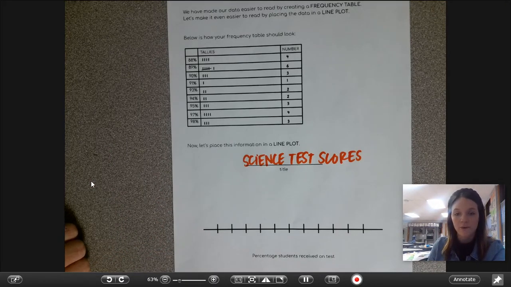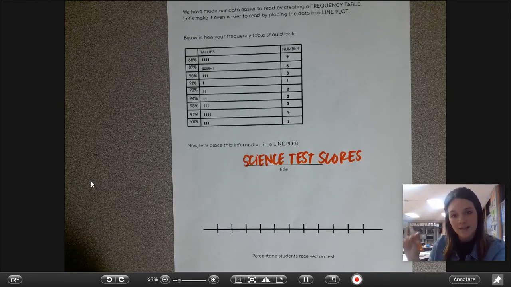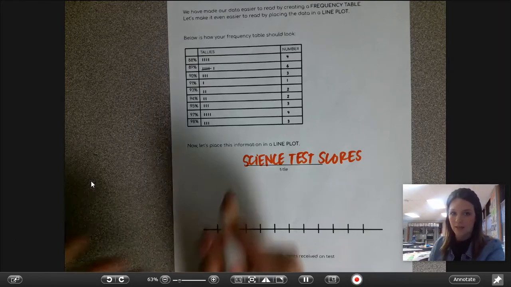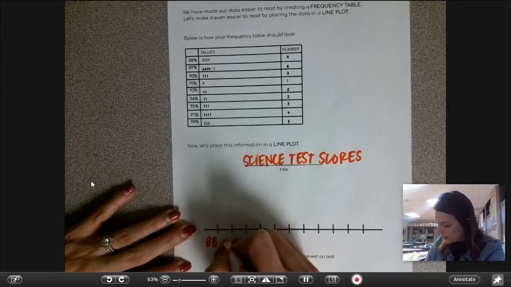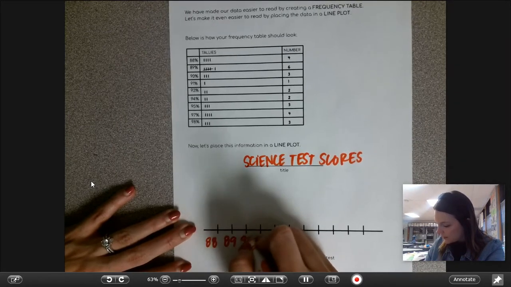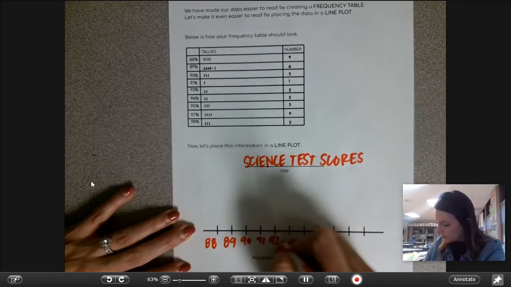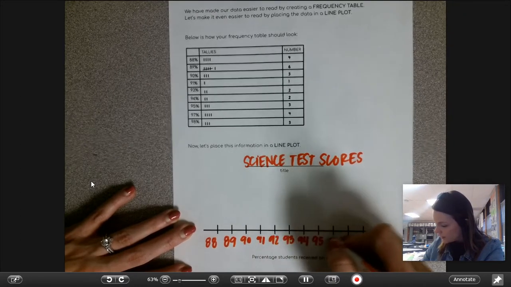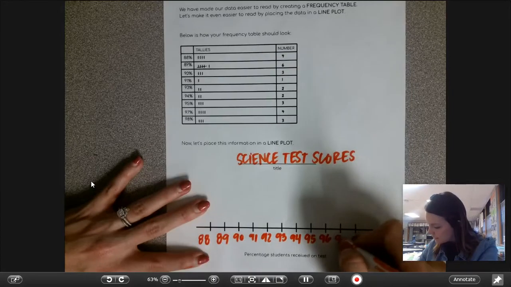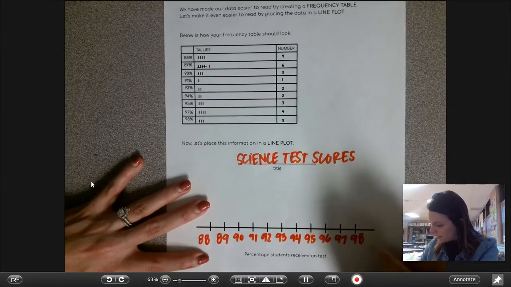I'm just going to go in order of percentages, some of which will have no lines or X's above it because there wasn't one. But I'm going to start placing the data in the chart. So my lowest was 88, 89, 90, 91, 92%, 93, 94, 95, 96, 97, and 98.